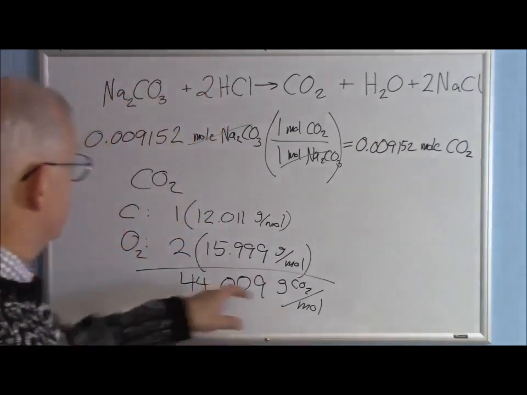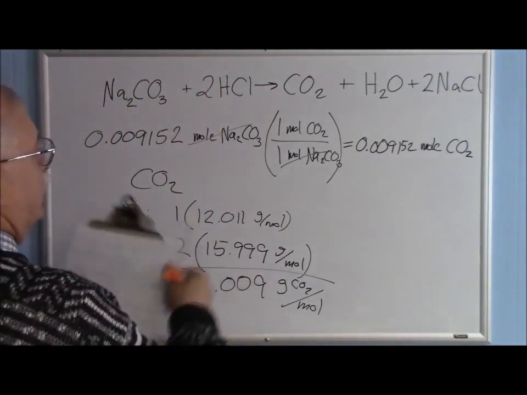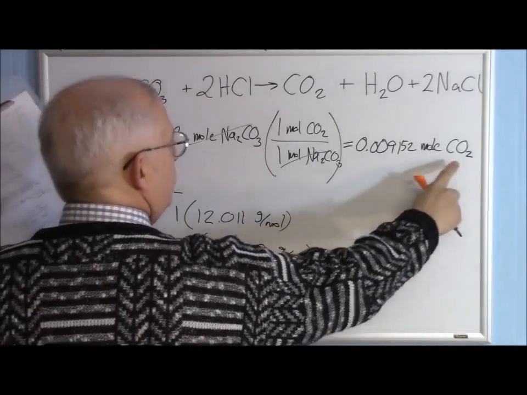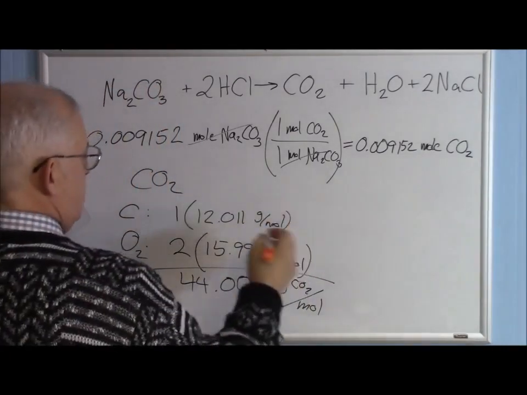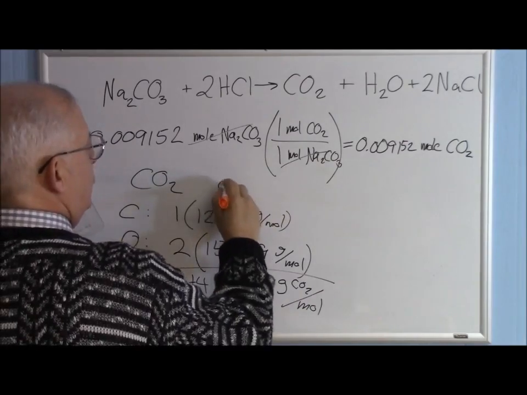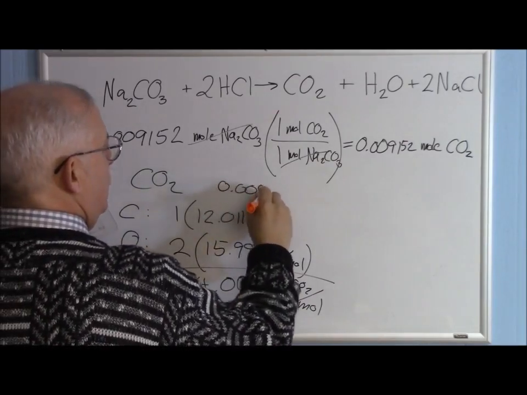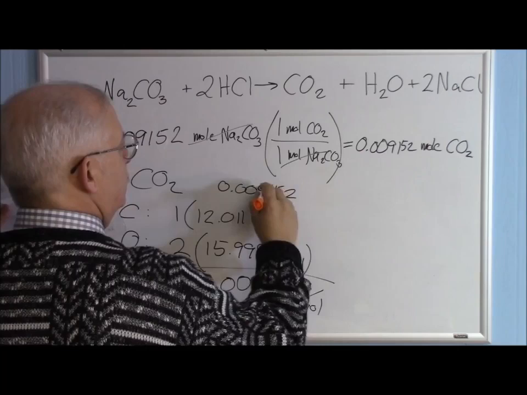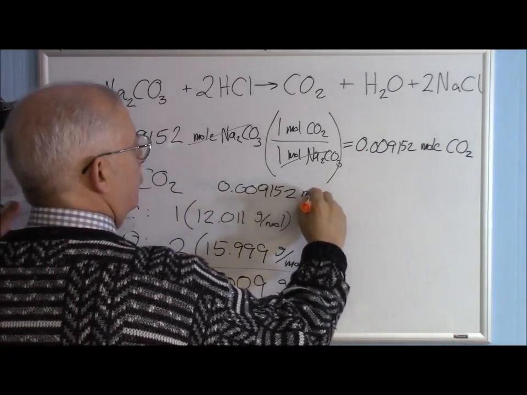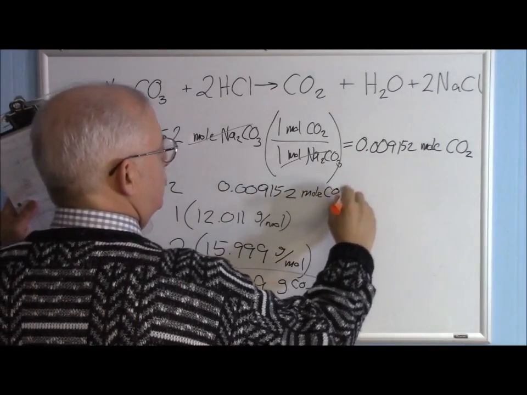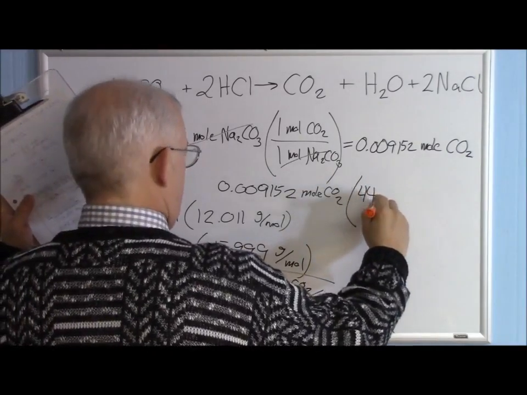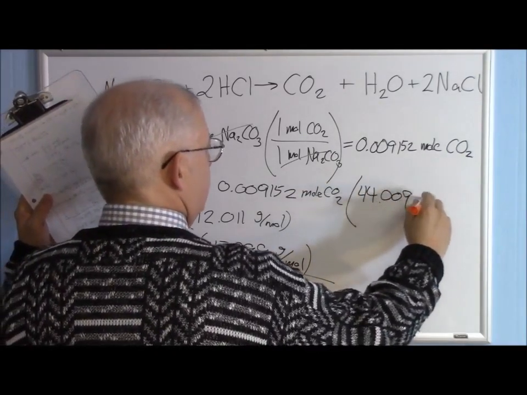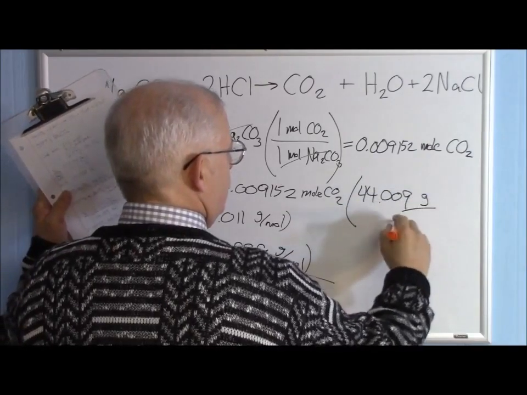44.009 grams per mole. Okay, we know we have this many moles of CO2, and we know the molar mass now. So now we can say, oh, okay, 0.009152 mole CO2 times 44.009 grams per mole.